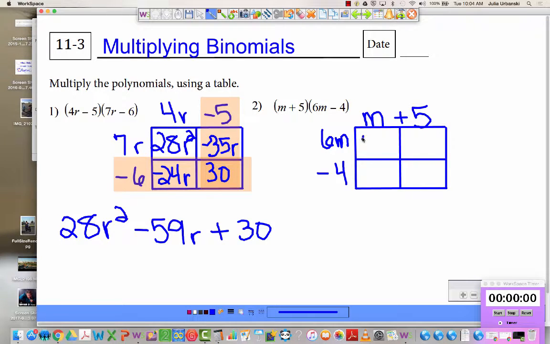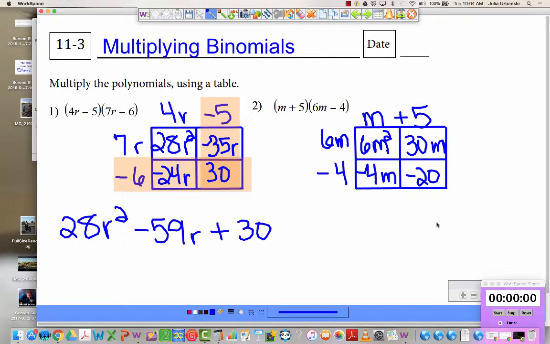What do we have? Good. All right, then 6m times the 5 makes? Good. Concentrate, please. And then the m times the negative 4. You're multiplying. Negative 4m. And then negative 4 times positive 5. This time it's a negative. Good.